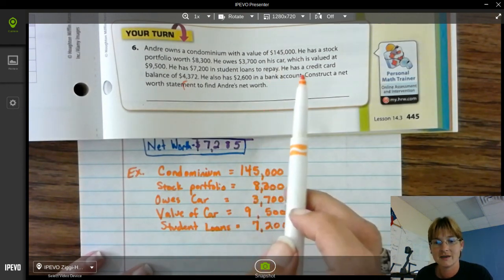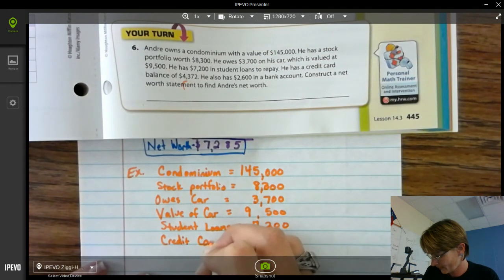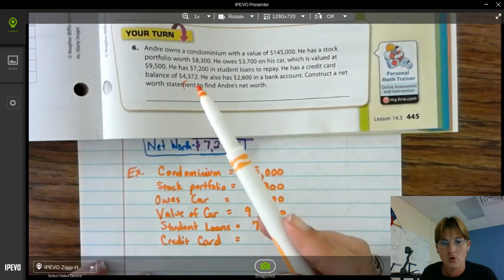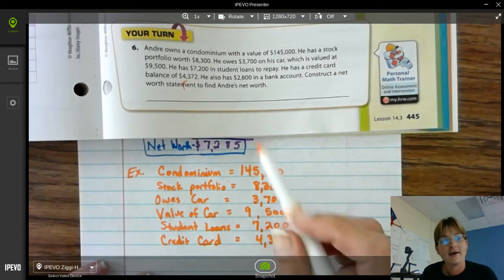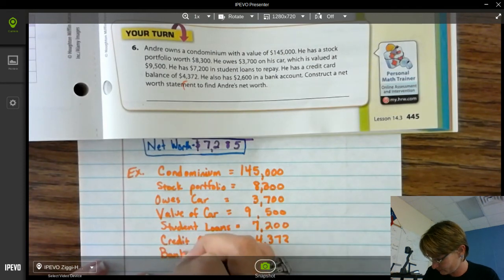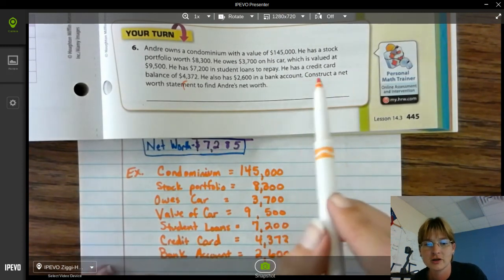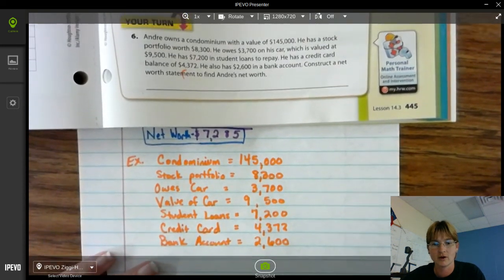The next thing is he has a credit card balance. So credit card equals 4,372. And then he also has a bank account that has 2,600.